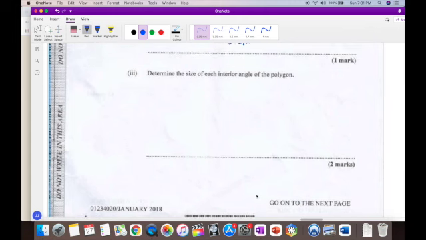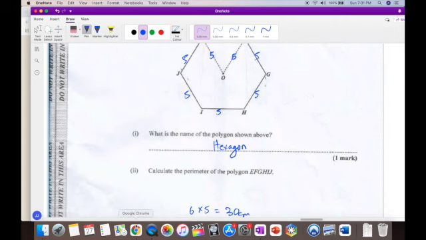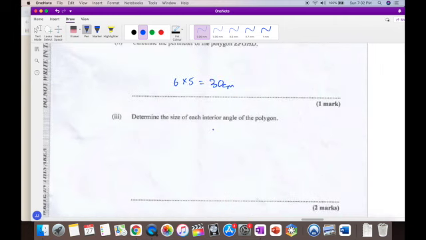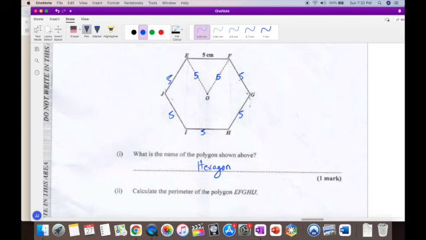Determine the size of each interior angle of the polygon. So the interior angles of the polygon would be these angles here. And what are the sizes of those angles?